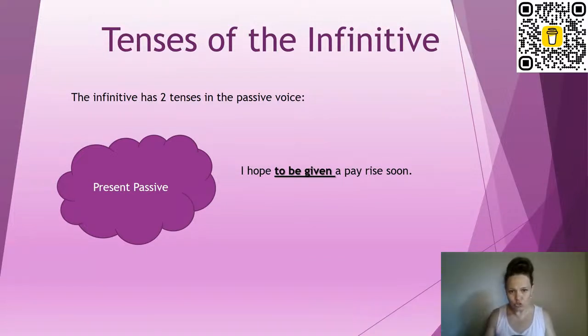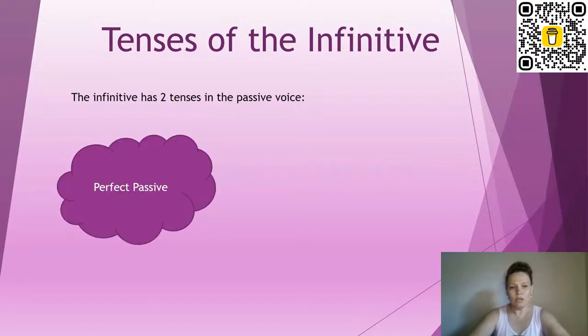What we want to show here is that I won't give a pay rise myself. The boss or the manager or the company will give it to me. So I will be the receiver. I'm passive in this situation. I hope to be given a pay rise. The usual structure of the passive voice: to be and the third form of the verb. I hope to be given.